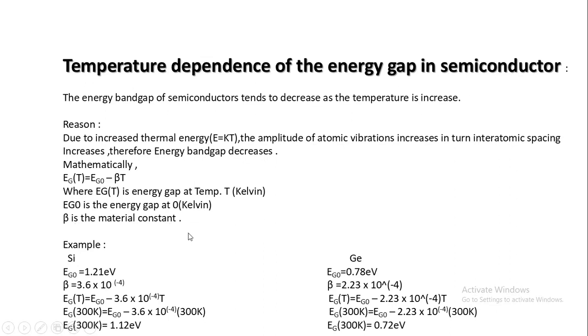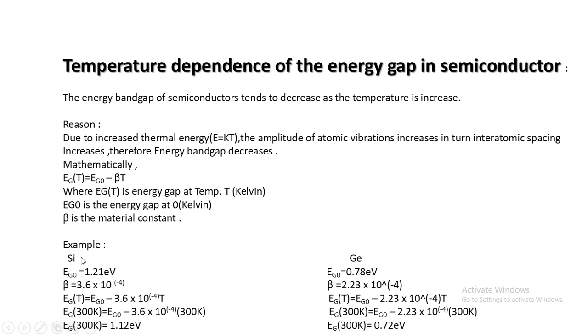You need not understand what beta is. In previous GATE examinations you will find questions on Eg naught, such as the energy gap of silicon at 0 Kelvin for silicon and germanium.